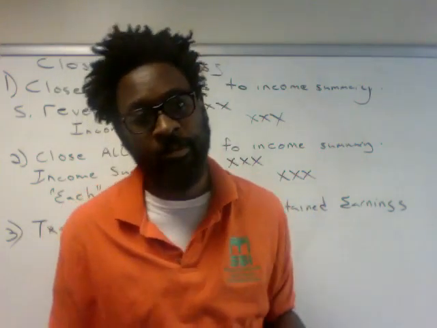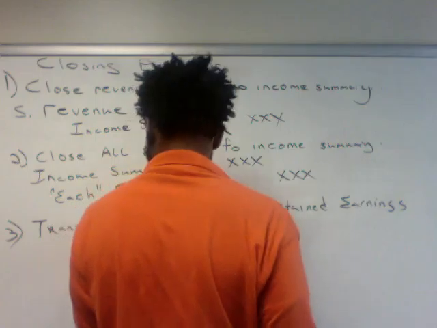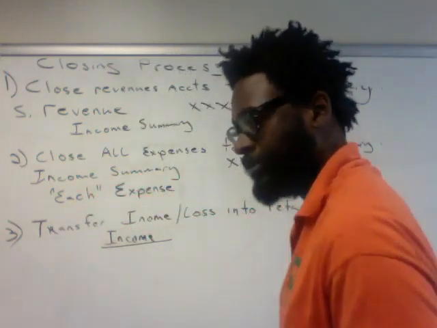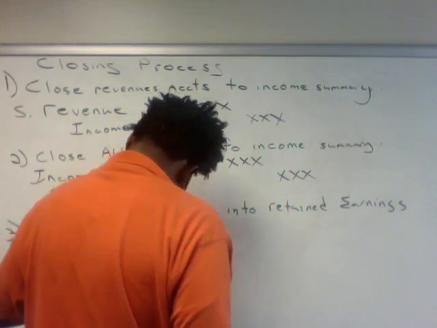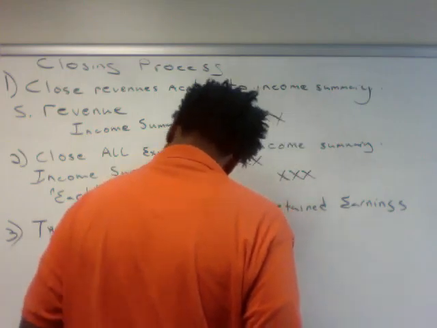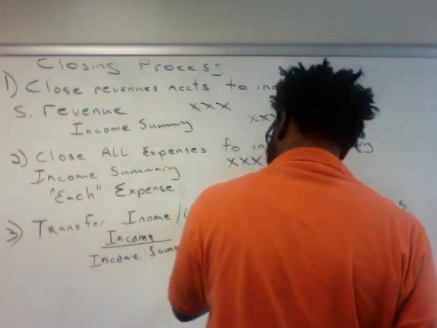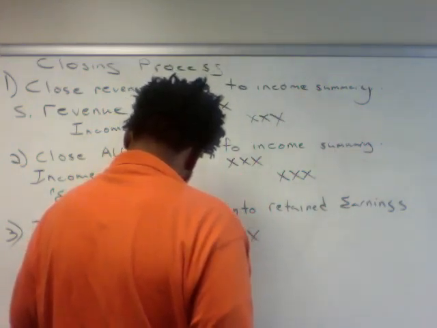It's in the credit group, so you have to credit it. So in order to increase retained earnings, if you have an income, you should debit income summary for an amount, whatever the income is, and you should credit retained earnings.